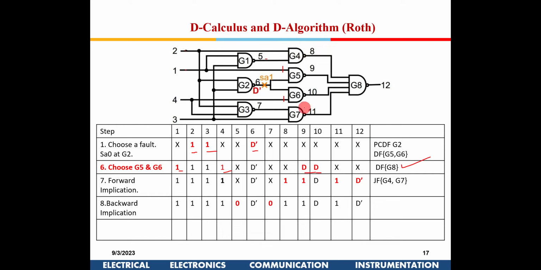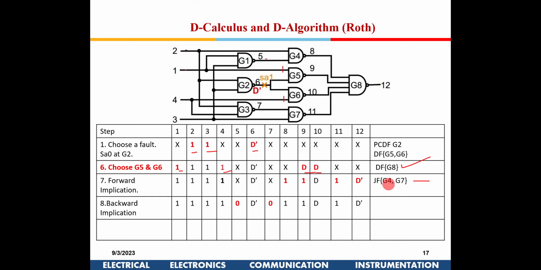Now with 8 and 11 coming in, the corresponding gates G4 and G7 come into the J frontier. So these are the two gates which come into the J frontier. Now if you try to set the values for these two gates, for 8 and 11 which have been put to 1, I have to go back.